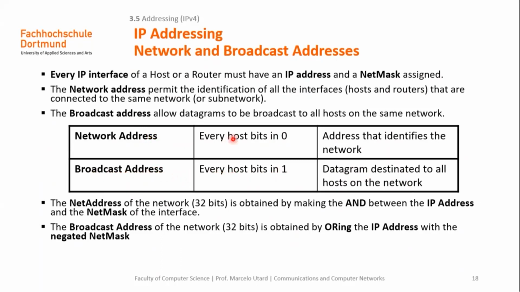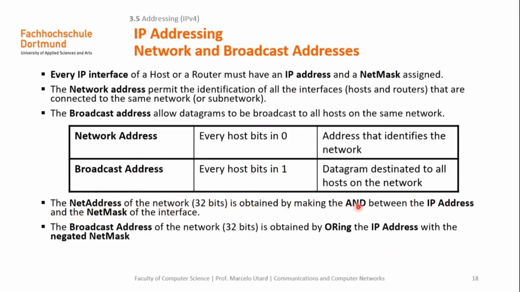How could we calculate those addresses easily, having, for instance, the IP address and the netmask of any interface? Well, the network address of the network to which the interface is connected is obtained by making the AND between the IP address of the interface and the netmask of the interface.